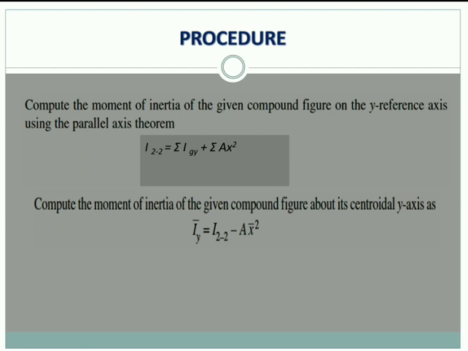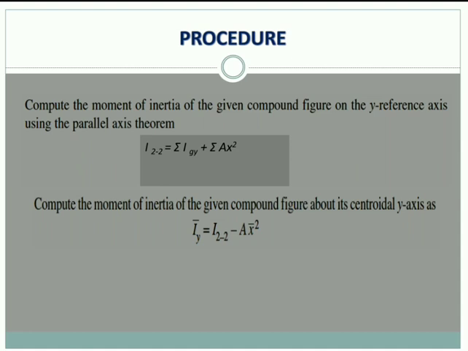Things look a bit difficult, but they are not that difficult, because the maximum part we have already covered in centroid problems. It will be only the application of Ix and Iy. So this is the brief procedure for solving the examples. Firstly, we have to make the table. 60 to 70% of the table is common, as we have done in CG.